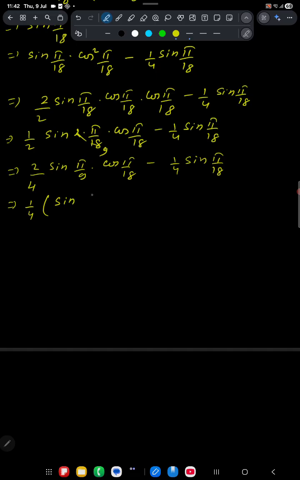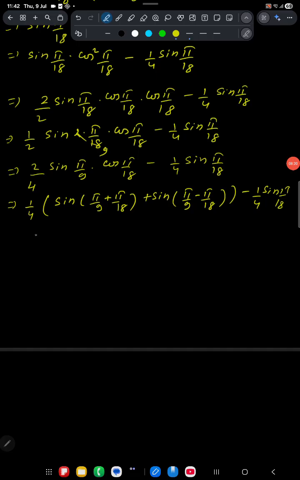So sine of a plus b means pi by 9 plus pi by 18 and plus sine of a minus b means pi by 9 minus pi by 18, and minus 1 by 4 sine pi by 18 was there.